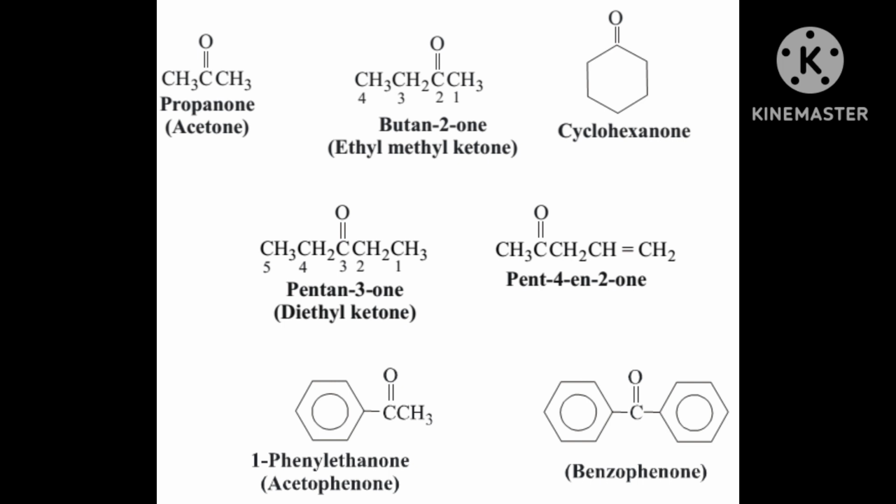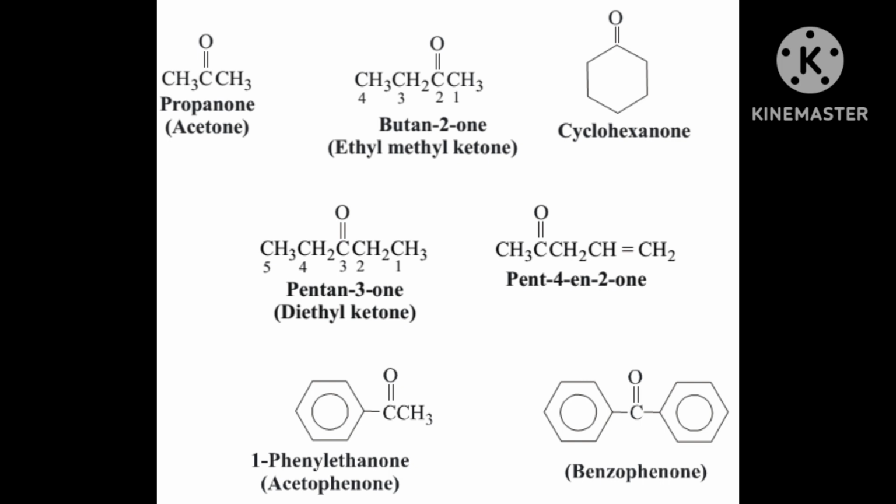Including the CHO carbon, the total is 5, hence it will be pentane; you remove the E and add Al, pentanal. Now always remember, if CHO is attached to a straight chain of 4 carbons, then its common name is valeraldehyde.